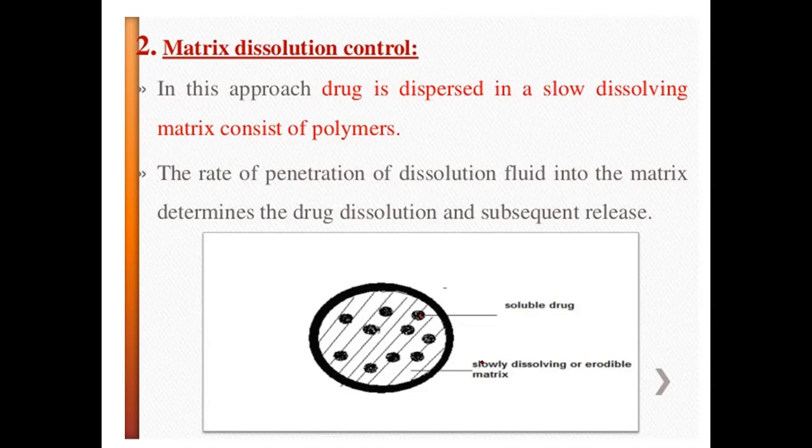Here the release retarding material is slowly soluble or slowly erodible, like waxes, such as glyceryl monostearate, acetyl alcohol, carnauba wax, and beeswax. Hydrophobic, as the name itself gives, they are retarding the water. And the second type is insoluble or non-digestible materials, like ethyl cellulose.